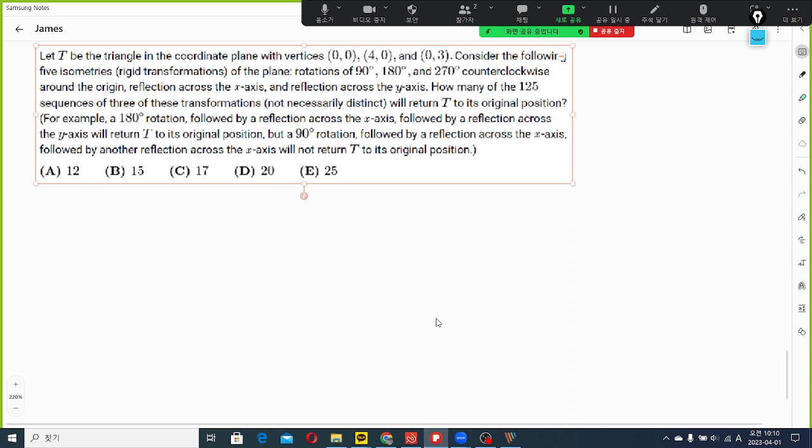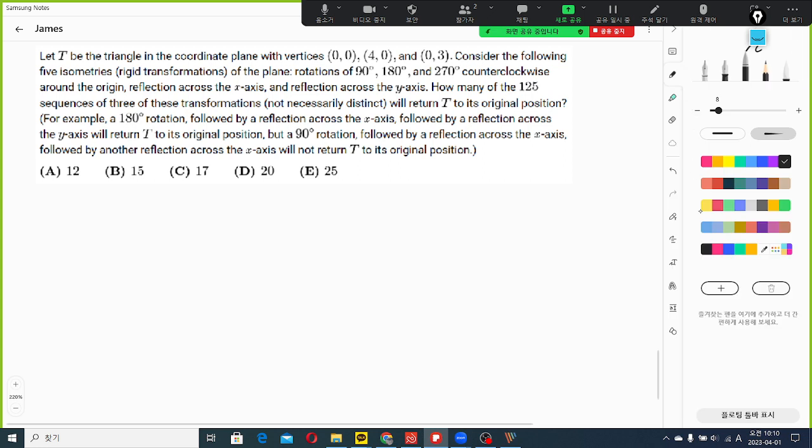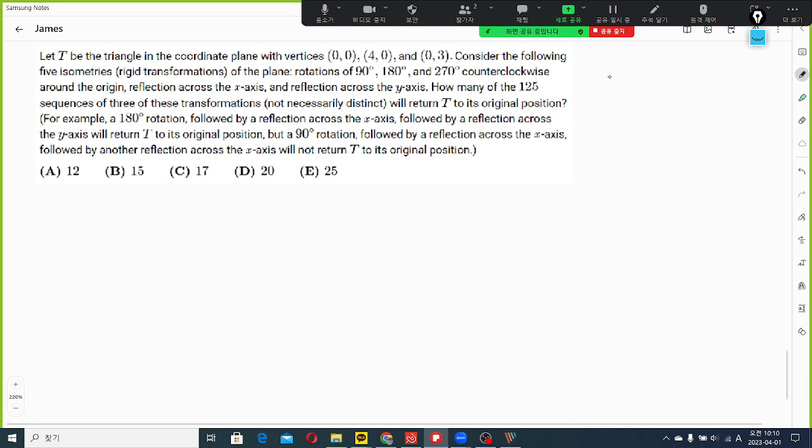And the triangle is located in the first quadrant. So I think we can name each transformation. Rotation counterclockwise 90 degrees, let's say that's R90.